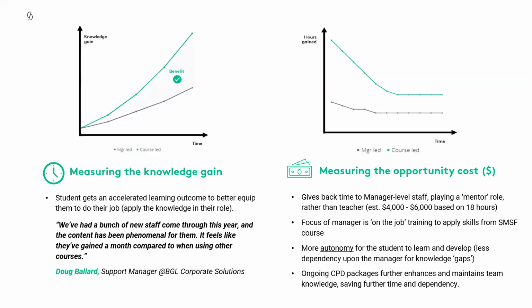Because the focus of that manager is they become the mentor, and this is how we do it in our firm, validating the learning that the student has, rather than having to be the teacher in their own right. So the focus then is on the on-the-job training to apply the skills that they've been getting from the teachings that Tim and myself have been able to deliver through the SMSF courses.